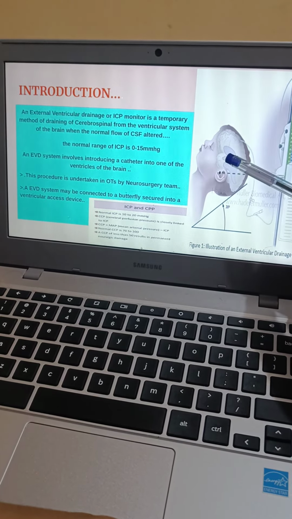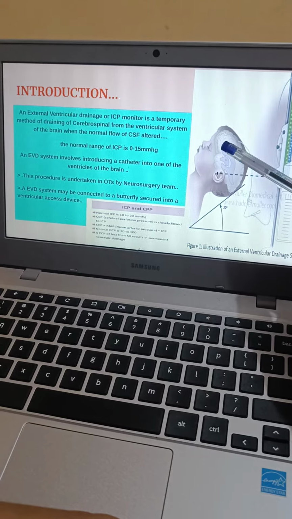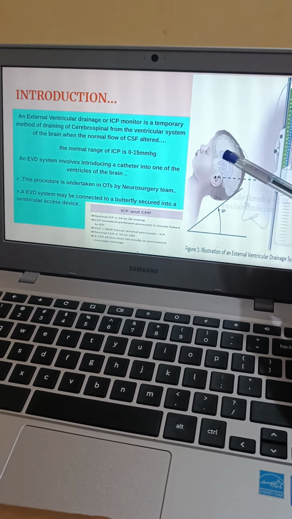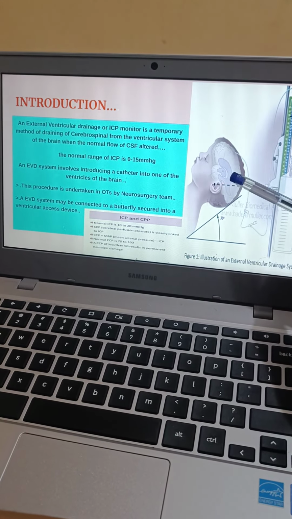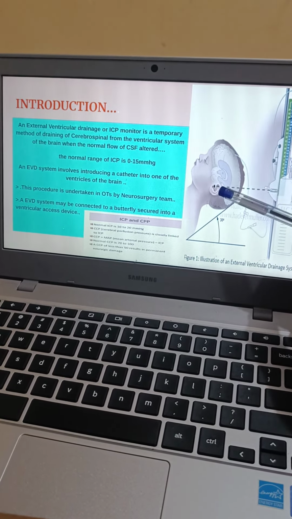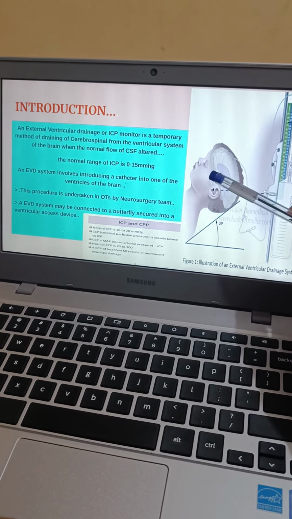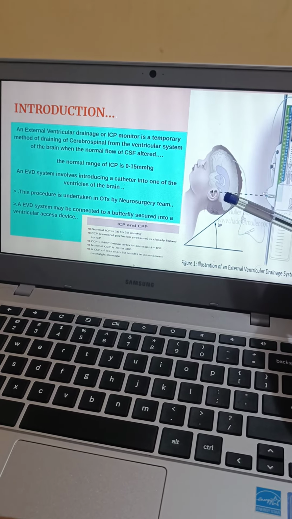That is the thing. We can see subdural hemorrhage, even lateral ventricular burst, because of this. Another 10% is CSF pressure, because of some tumors and infiltrative infections.